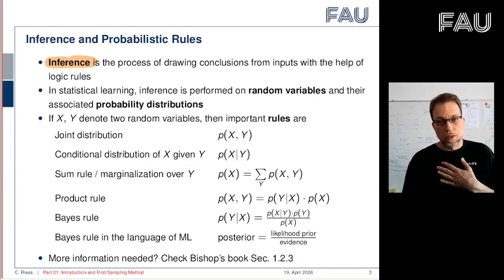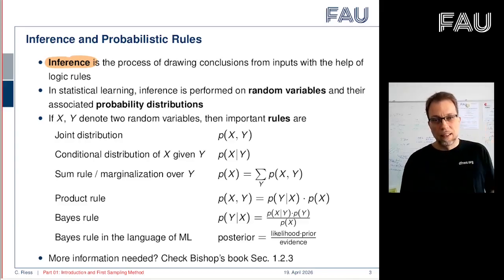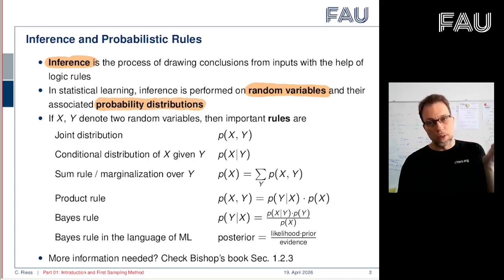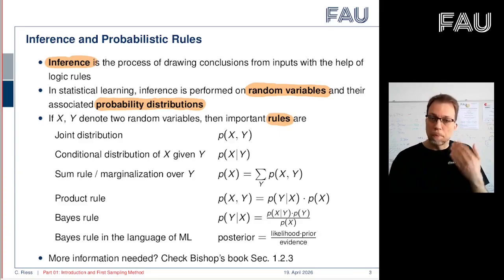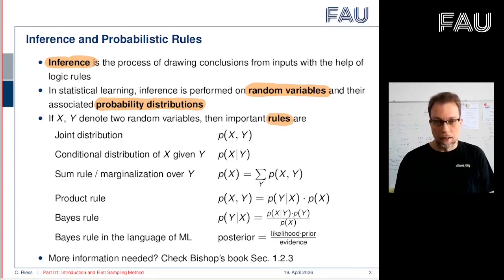Yeah? So this is not logic in the sense of theoretical computer science, but logic in a Bayesian statistical way. We operate on random variables with associated probability distributions, and the rules that we have are the operations that you most likely learned in some earlier statistics class.